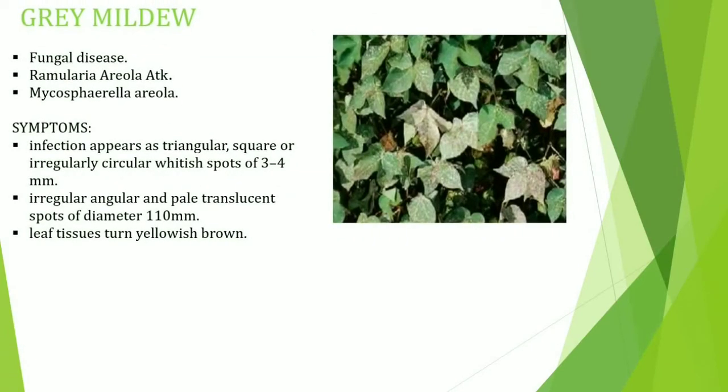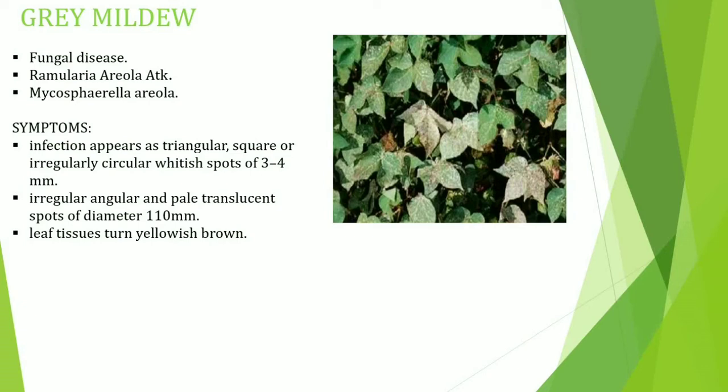Grey mildew. It is a fungal disease caused by Ramularia areola in the imperfect stage and Mycosphaerella areola in the perfect stage. At the initial stage, infection appears as triangular, square, or irregular circular whitish spots of 3 to 4 millimeters in size on the leaves.